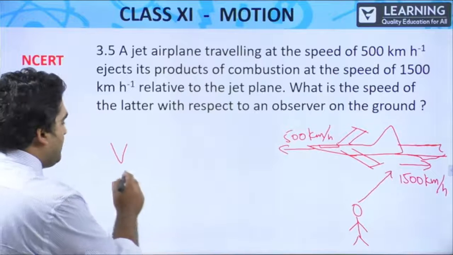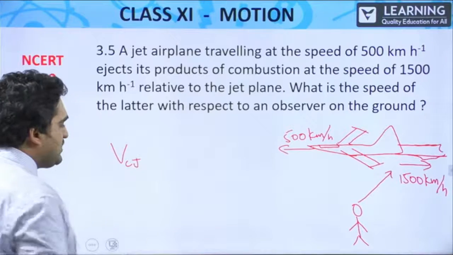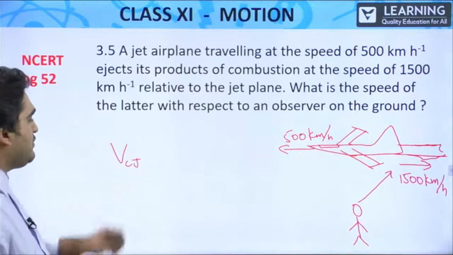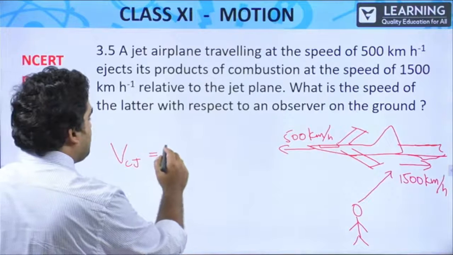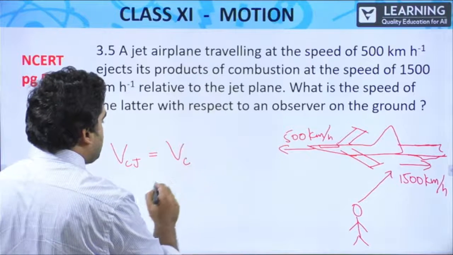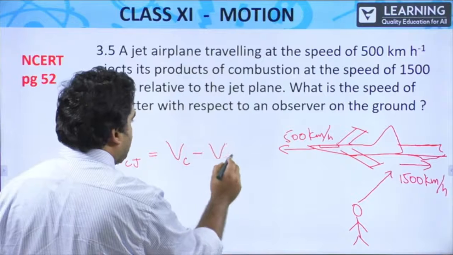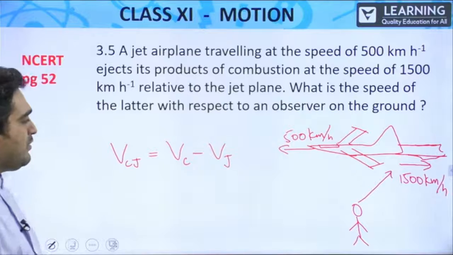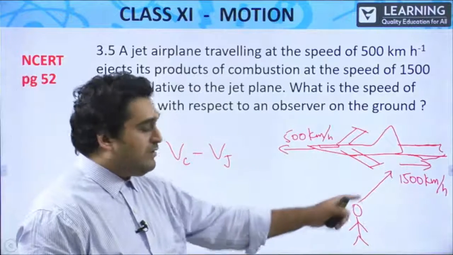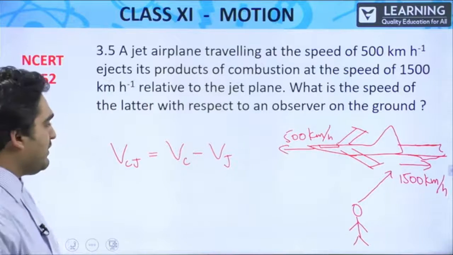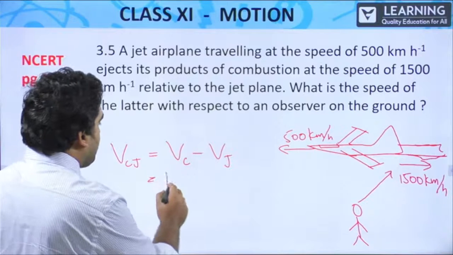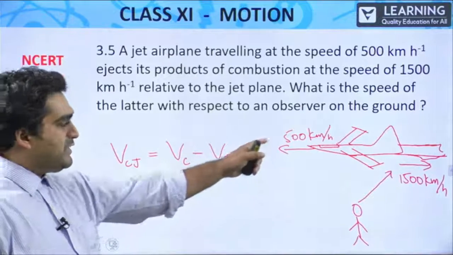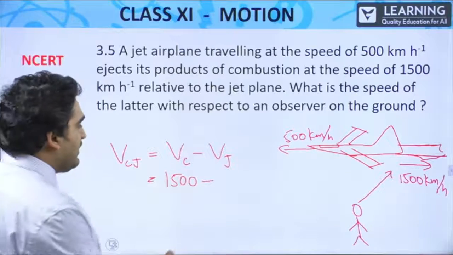Velocity of combustion with respect to the jet plane is equal to velocity of combustion minus the velocity of the jet plane. So velocity of the combustion is about 1500 km/h minus velocity of the jet plane, about 500 km/h.